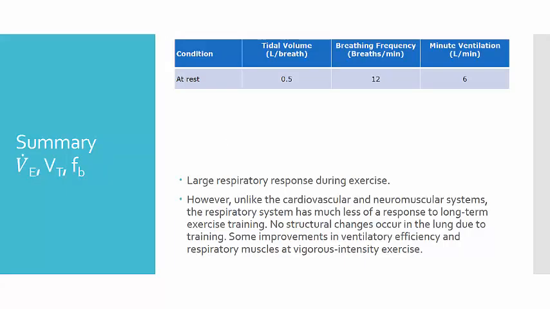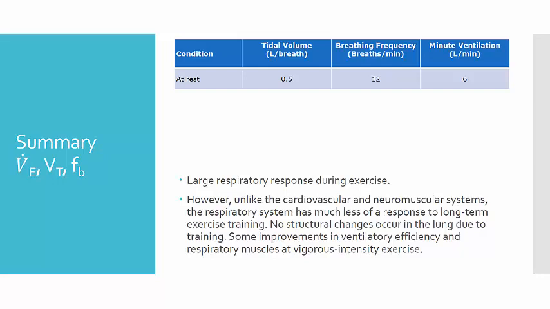So let's put this all back together. For minute ventilation, remember the equation is tidal volume times breathing frequency. So at rest, a normal tidal volume is about half a liter. Normal breathing frequency is about 12 breaths per minute.